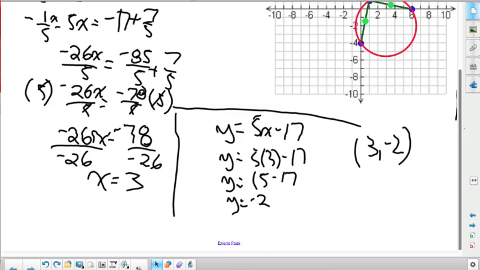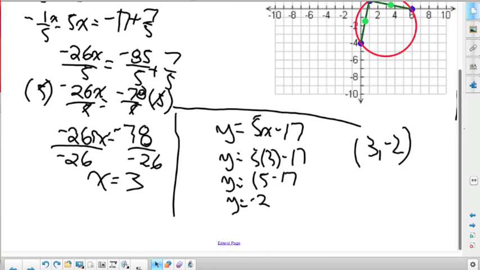Any questions on this process? I know it's lengthy. But what I like about this question is it forces you to use midpoint, forces you to find right angle bisectors, and forces you to solve two linear equations. What's the last thing I didn't get you to do? Length.